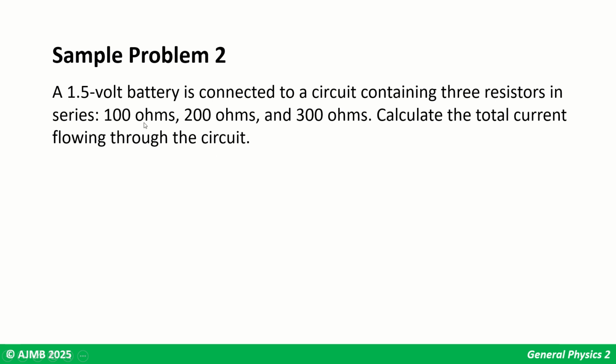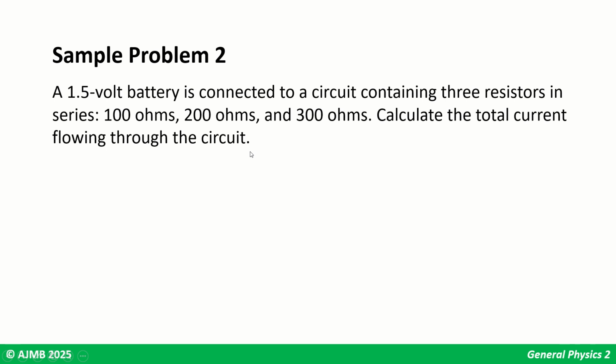Now in this one, you have a battery. Your voltage is 1.5 volts. I guess you have a simple circuit. The battery is your power source, but here we have three resistors in this simple circuit. R1 is 100 ohms, R2 is 200 ohms, and R3 is 300 ohms. You are asked to get the total current.